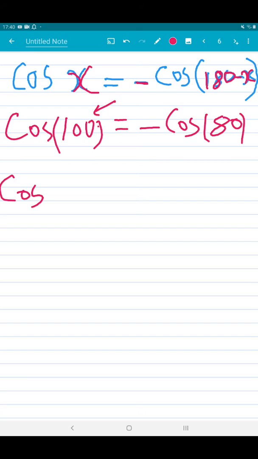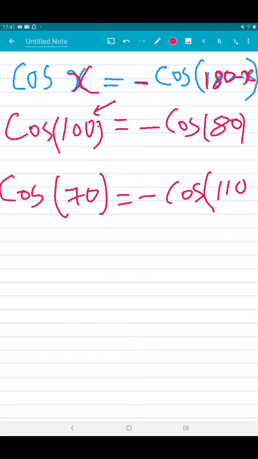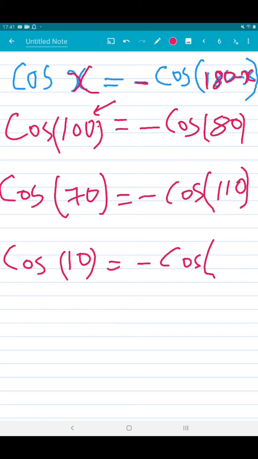Cosine 70 equals minus cosine 180 minus 70, 110. Cosine 10 equals minus cosine what? 180 minus 10, 170.